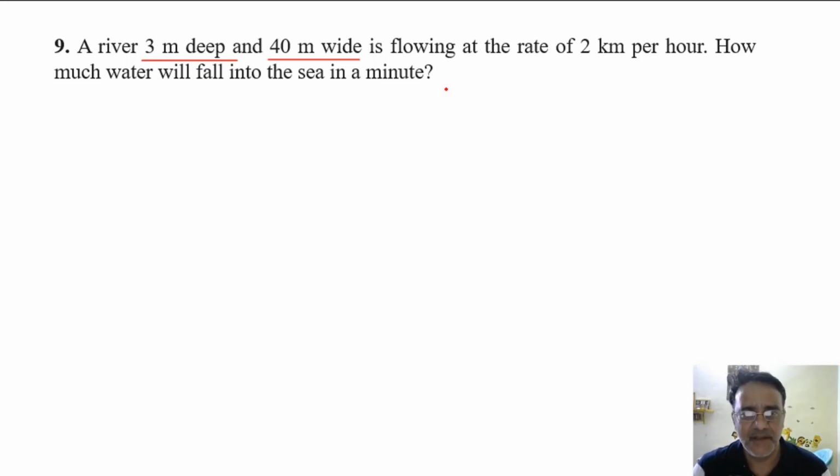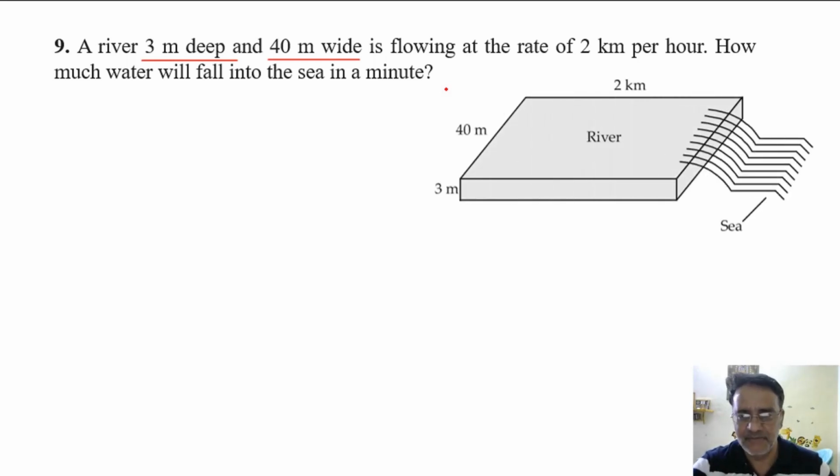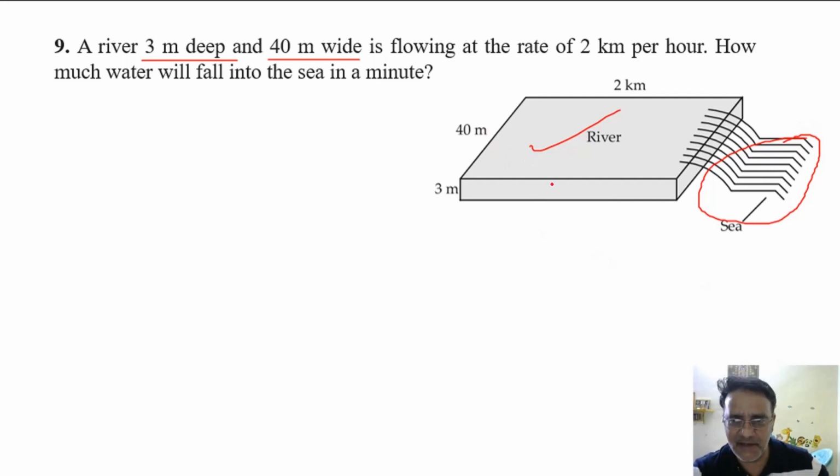Now see, the shape of the river will be a cuboidal shape. Okay, and from the cuboidal shape, where is it going? See this figure. This is the shape of the river and the water is flowing into the sea. Imagine this river and sea.